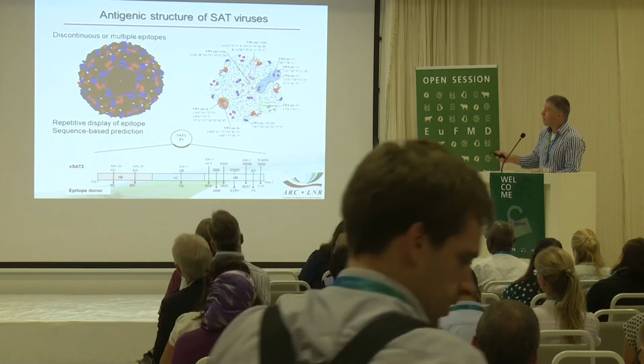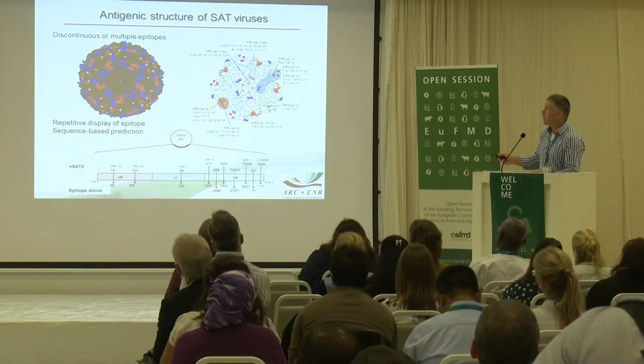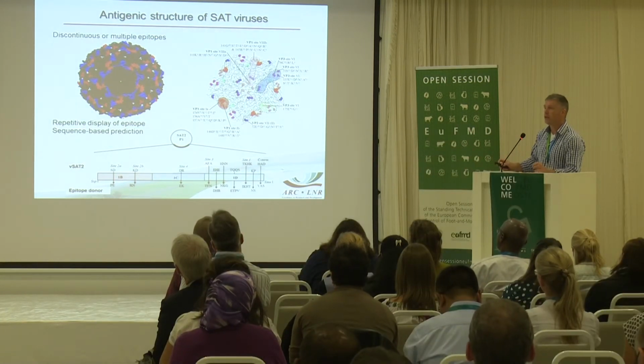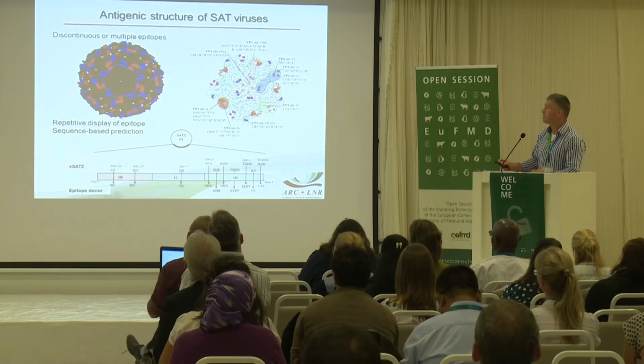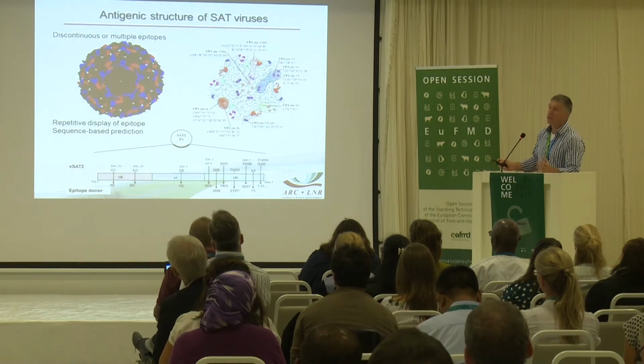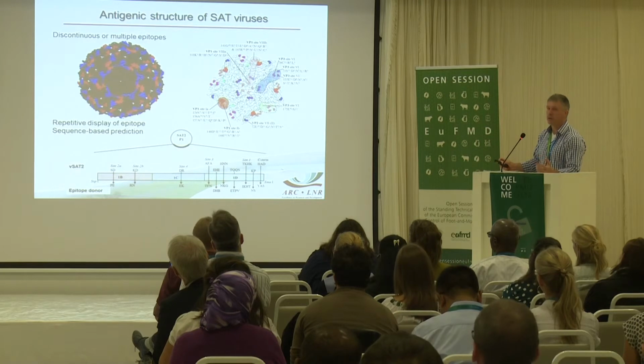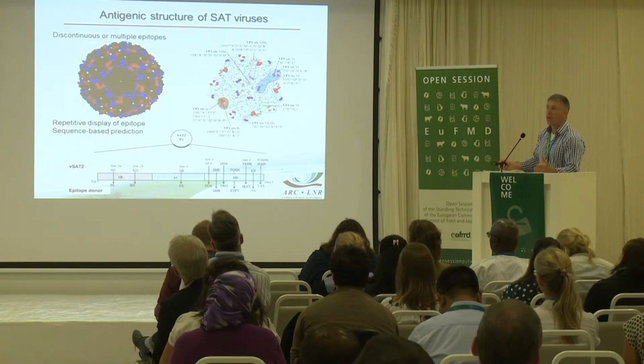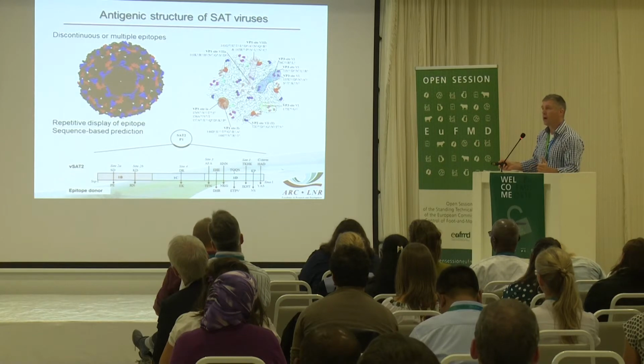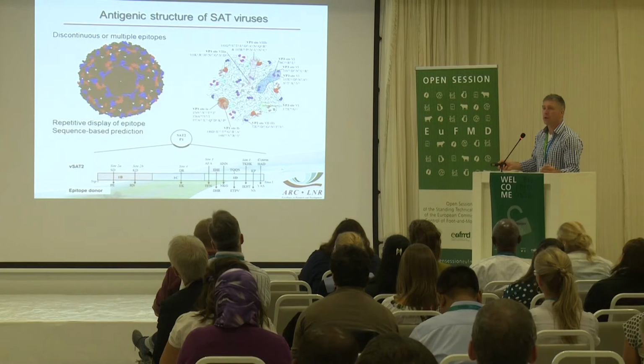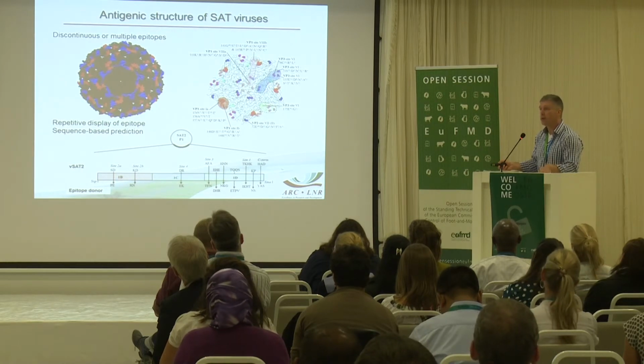So we gathered over the years a number of information about epitopes and antigenic regions for the SAT viruses on the capsid. Generally, these are surface exposed regions. We identified these regions by means of sequence alignment as well as neutralization titers, combining those.